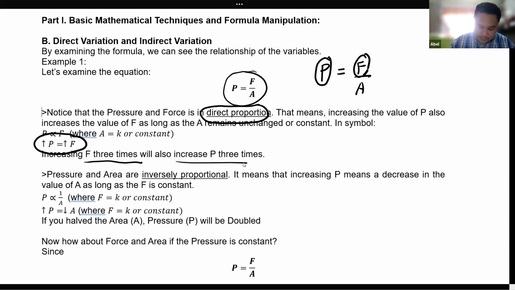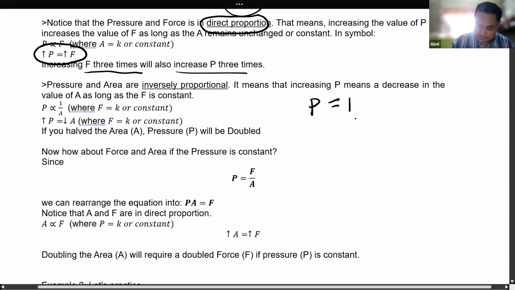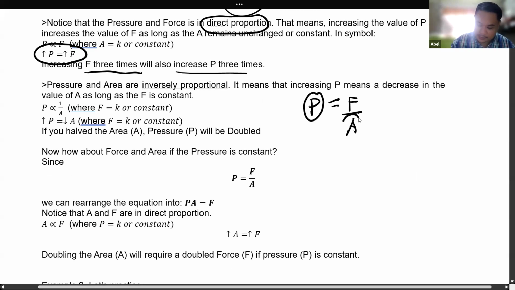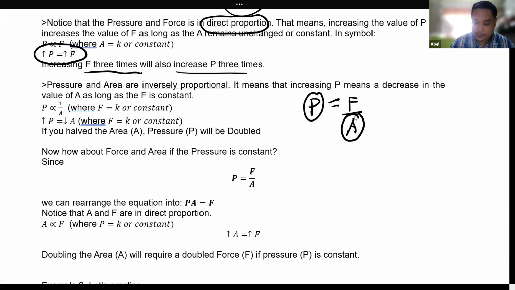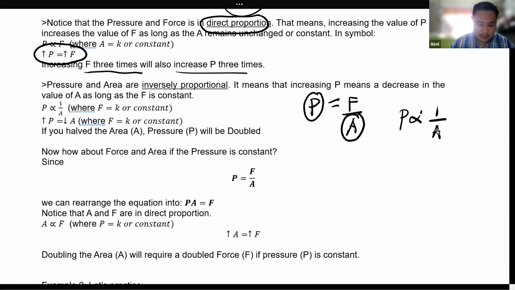Now, how about if we focus on this equation, pressure and area are inversely proportional. I want you to look at this case. Pressure on the left side of the equation is on the upper part, while the area is in the lower part. So you will say here that the pressure is inversely proportional to the area. What does it mean?